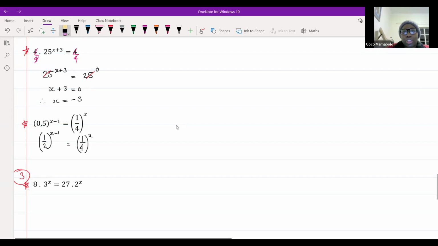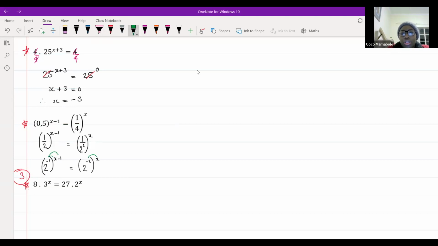I'm going to change this 4 to 2 squared. So on this side I get 2 to the power of -1, all to the power of x minus 1, is equal to, since 1 over 2 squared can be written as 2 to the power of -2, all to the power of x. Then we just distribute each of those in.